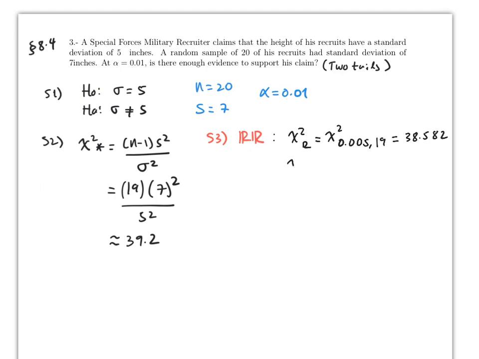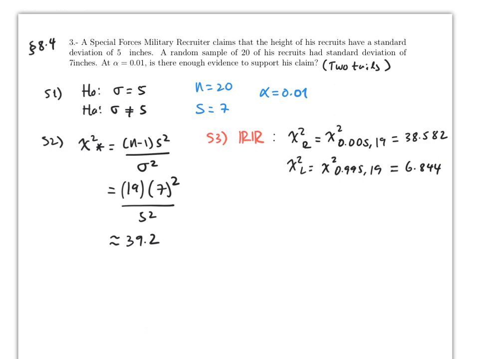We also need chi-square left, which is chi-square of 0.995, and this is 6.844. Remember that these two have to add to 1. That's the connection between the right and the left.